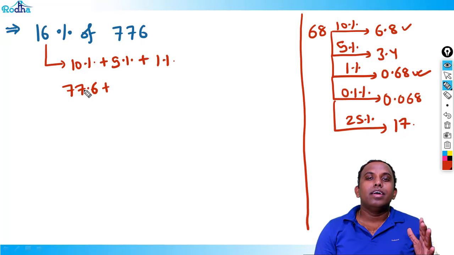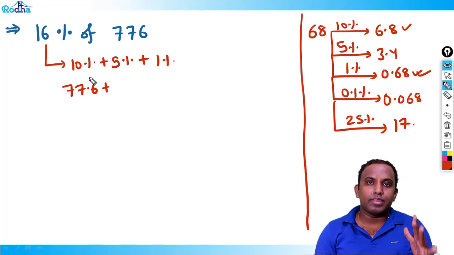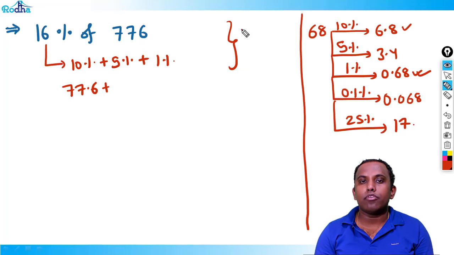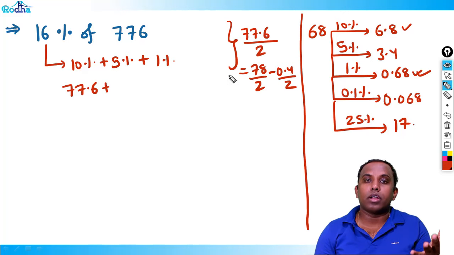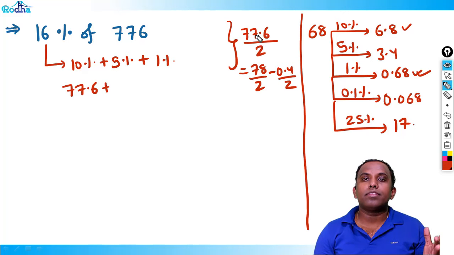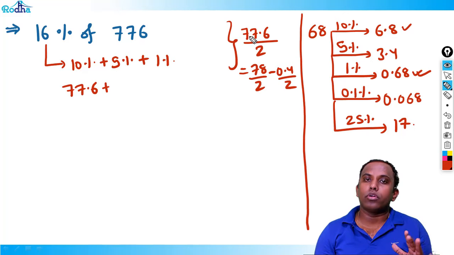Very easy. You have to make half of 77.6 by breaking the numbers. Think of it as half of 78 minus half of 0.4, because 77.6 differs from 78 by 0.4.